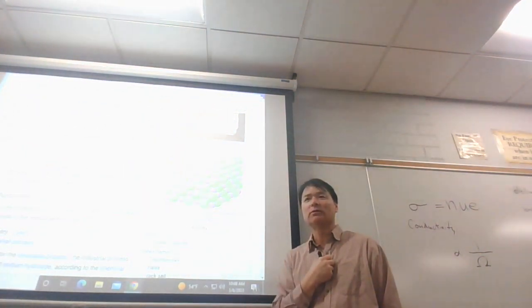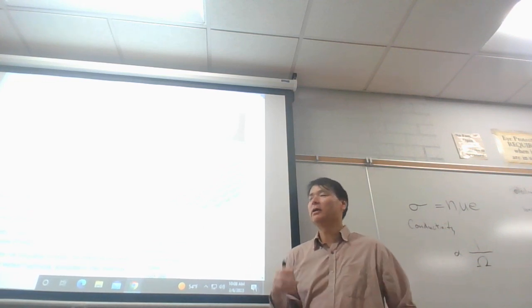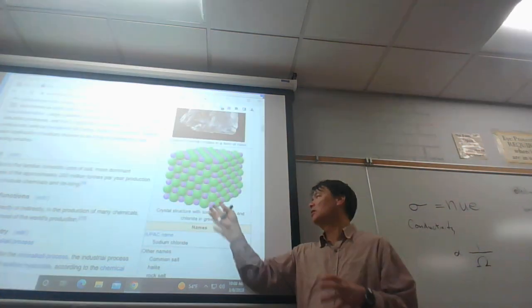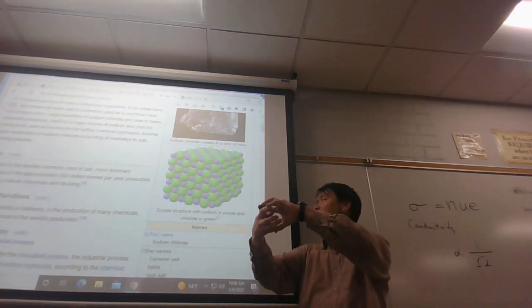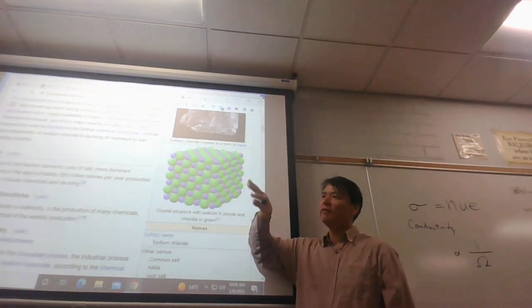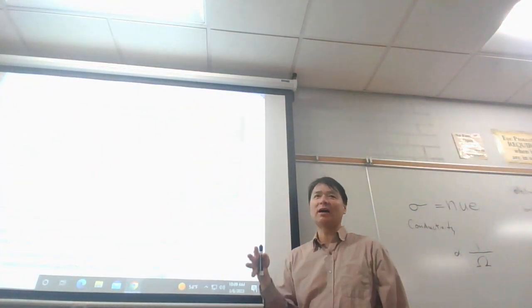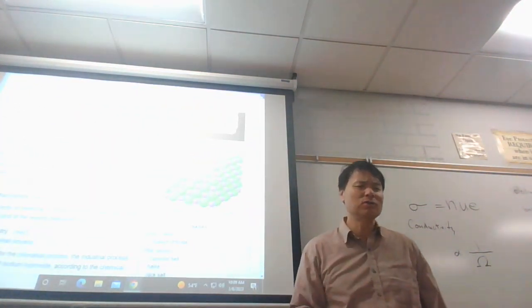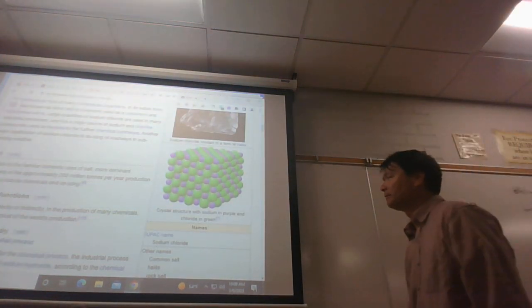Which one's bigger? Sodium's bigger than chlorine. But when you create ions, the chlorine size doubles and the sodium size contracts in half. Cations in general are smaller. In fact, this is a rule, not a law, that cations are smaller than anions. There are only like 2 or 3 exceptions.